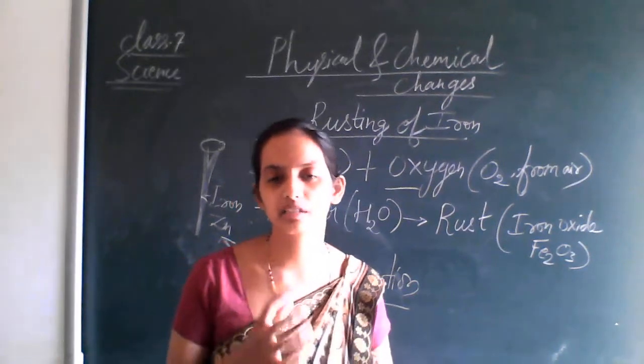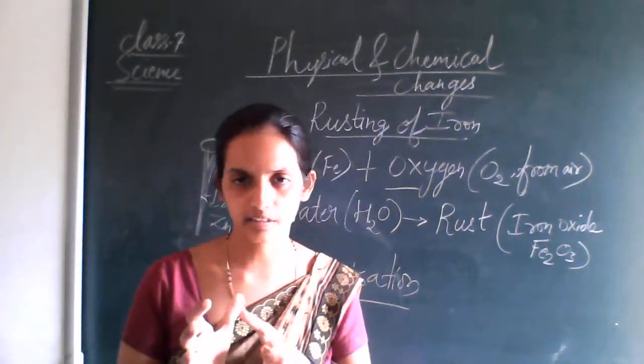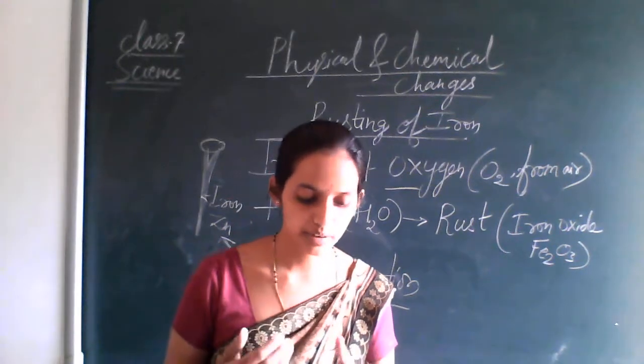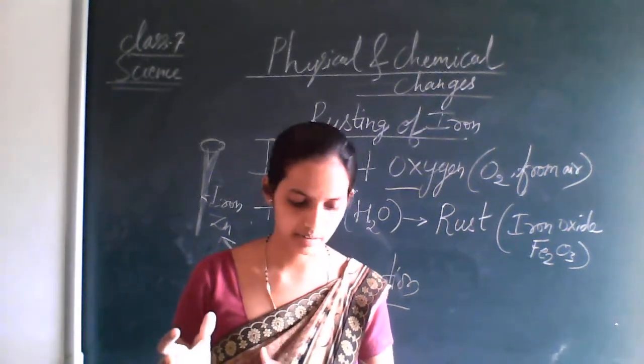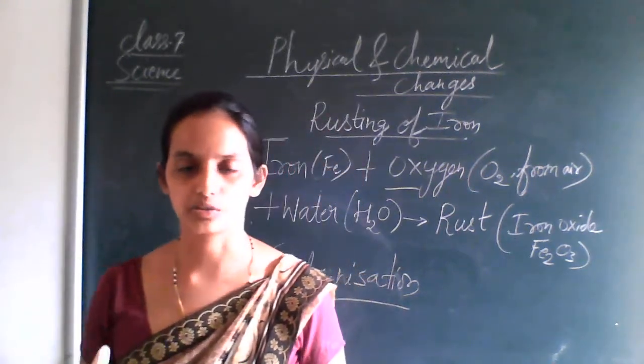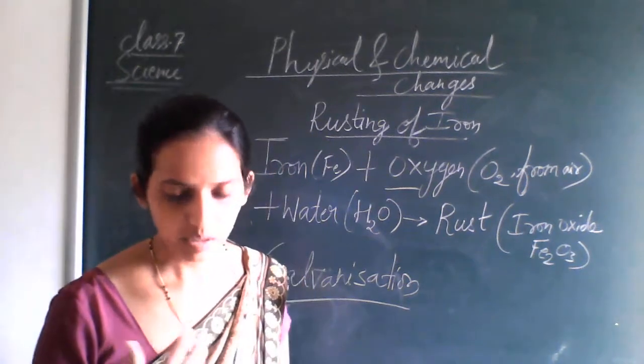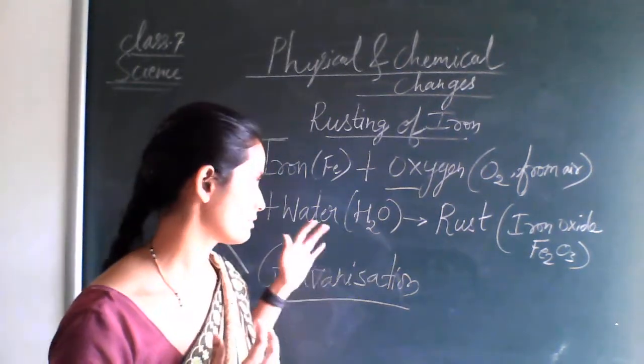All these metals are used to make stainless steel articles, which is why they do not get rusted. That's why we call them stainless steel. They do not easily get rusted through the air or the water, right?